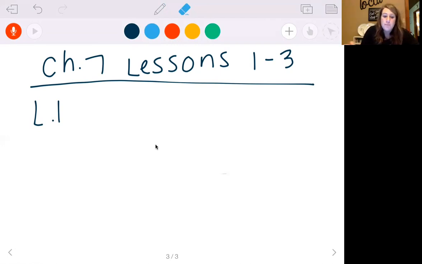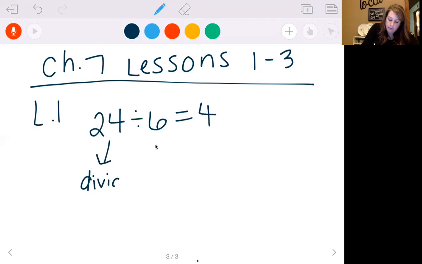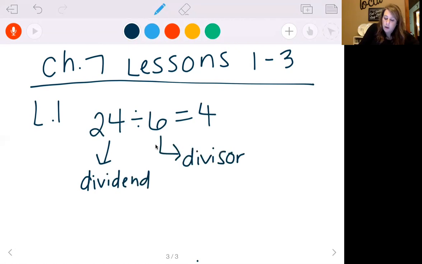The bigger number right here, 24, is going to be our dividend. The bigger number is always going to be your dividend. The 6 right here is called our divisor. And this 4 is called our quotient. Your quotient is just a fancy name for the answer to a division problem.